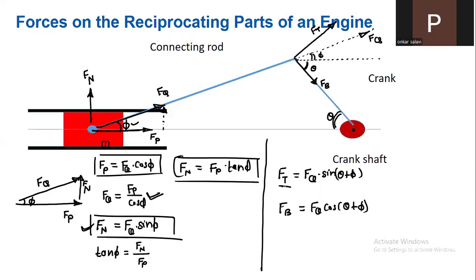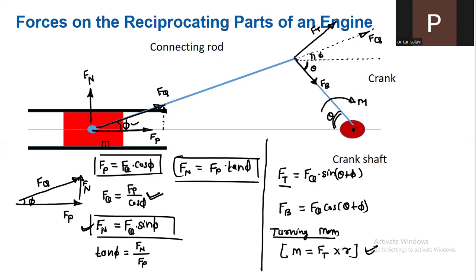Now this Ft will create the turning moment. So this turning moment is M, and it is given by M equal to Ft into the crank radius. Okay, so when we solve a problem on the slider crank mechanism, we must know these formulas.